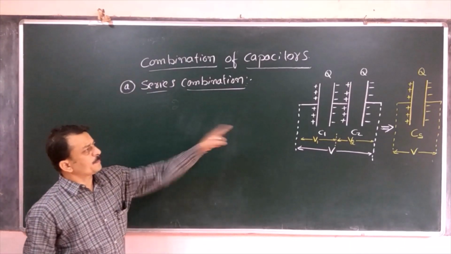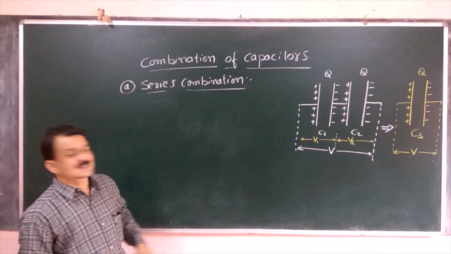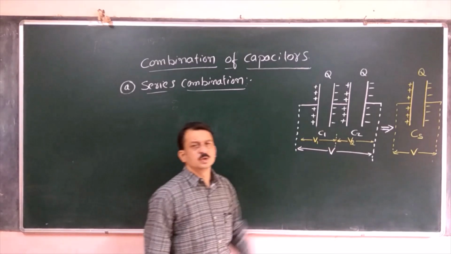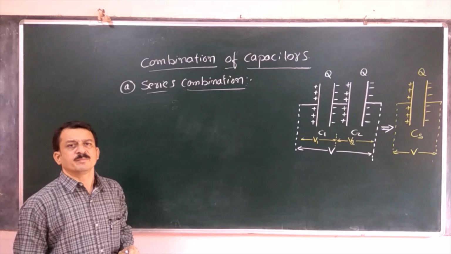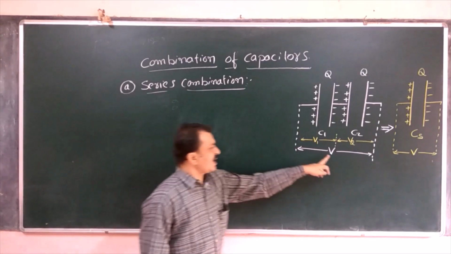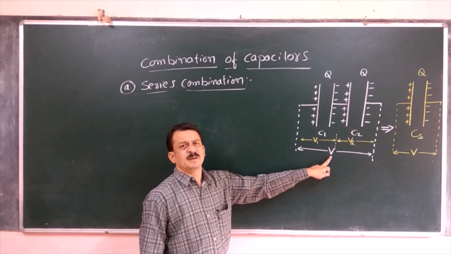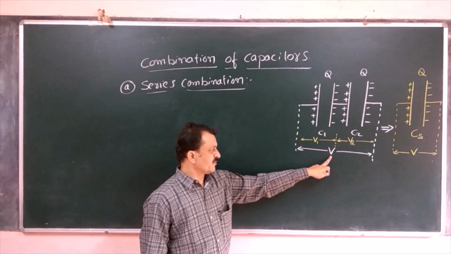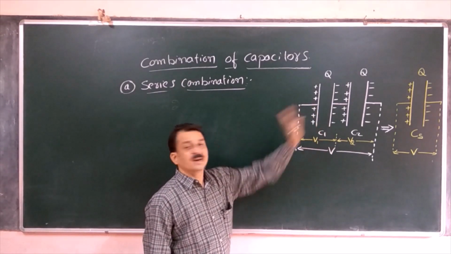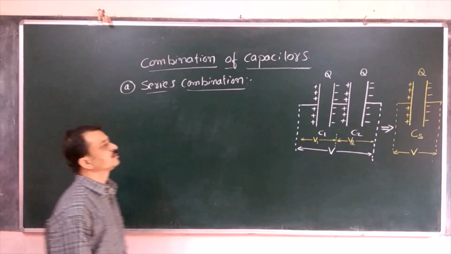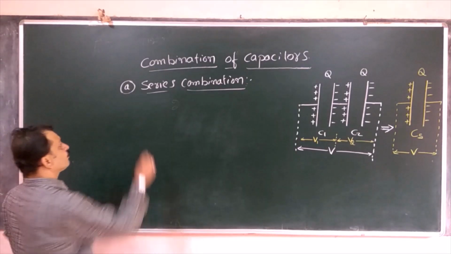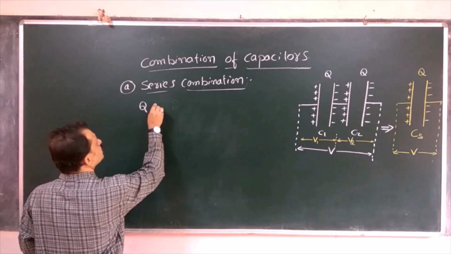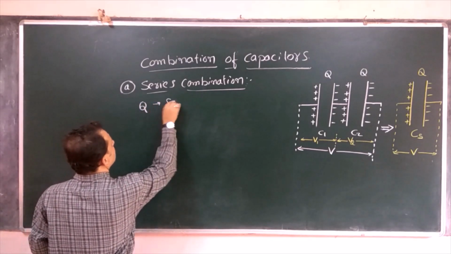Two capacitors of capacitances C1 and C2 are connected end to end, that is in series combination, and an external battery or power supply of potential difference V is applied to the combination. Now, in the series combination, charge is the same. Therefore, Q on both the capacitors is the same.